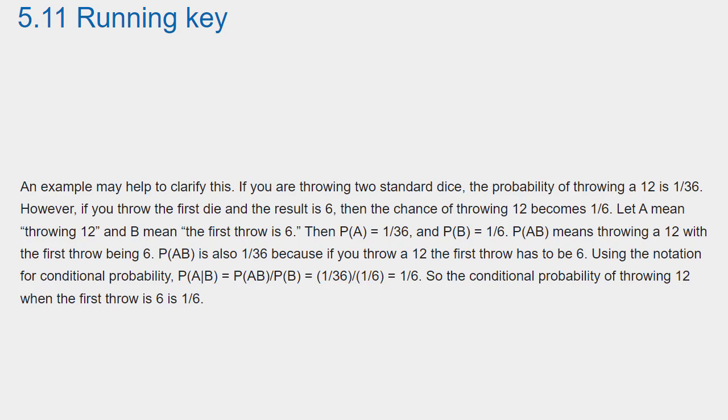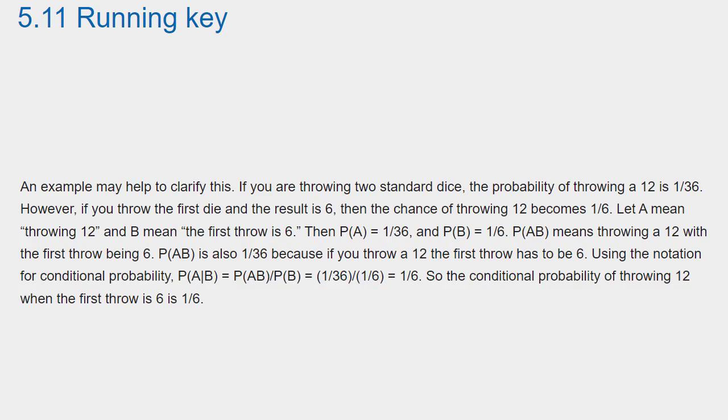An example may help to clarify this. If you are throwing two standard dice, the probability of throwing a 12 is 1/36. However, if you throw the first die and the result is 6, then the chance of throwing 12 becomes 1/6. Let A mean throwing 12 and B mean the first throw is 6. Then P(A) = 1/36 and P(B) = 1/6. P(A and B) means throwing a 12 with the first throw being 6.